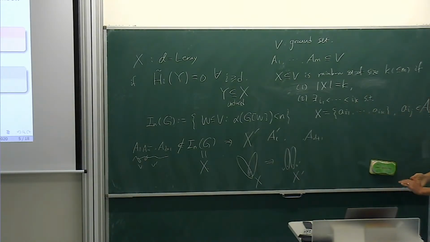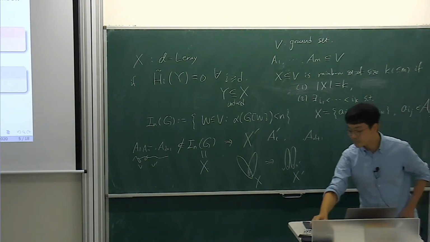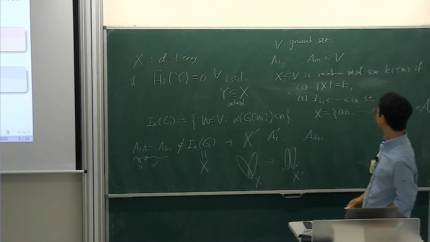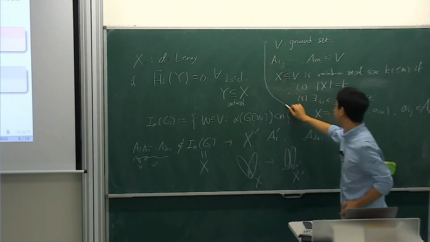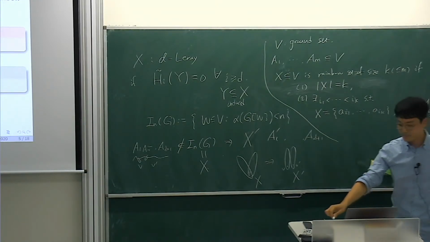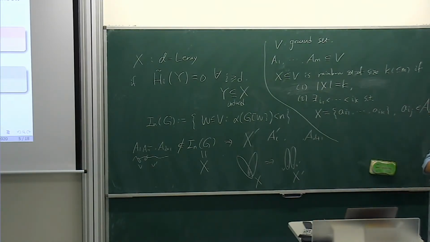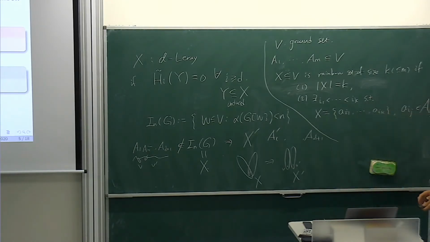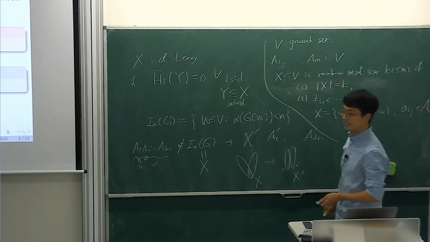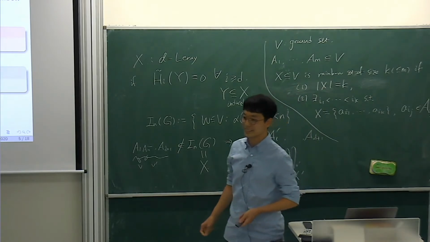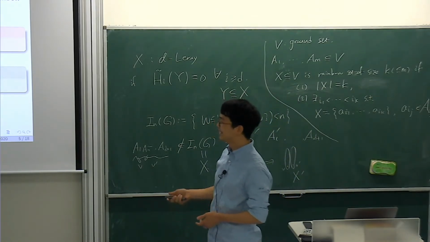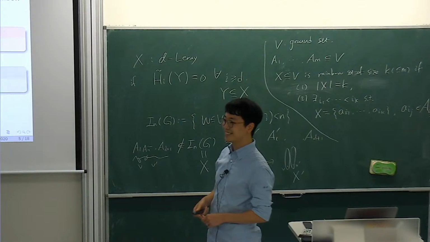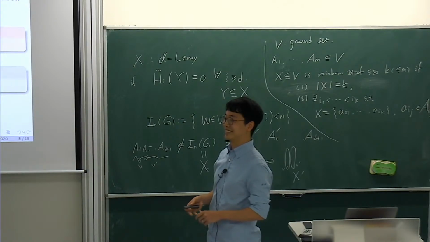In other words, you can color the union of A1 to An by colors so that every element is from different color classes. So it means we are meeting k distinct things from the family.